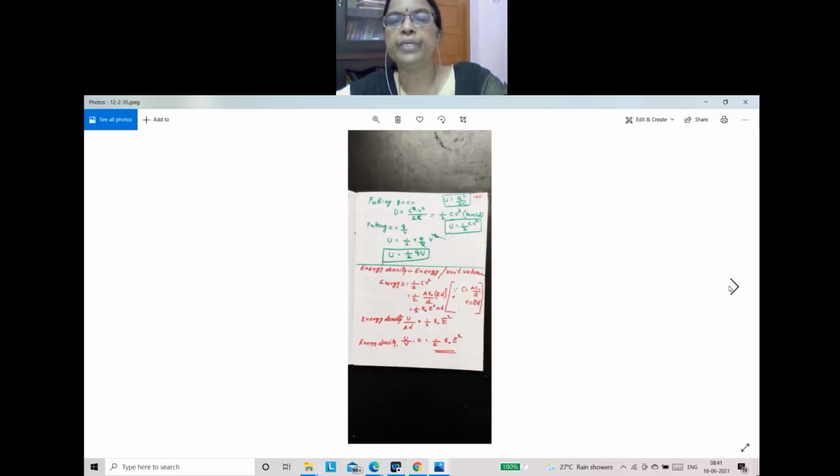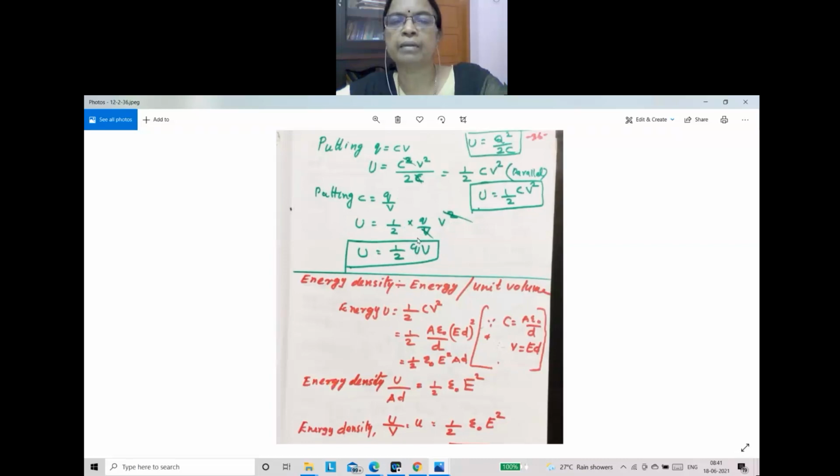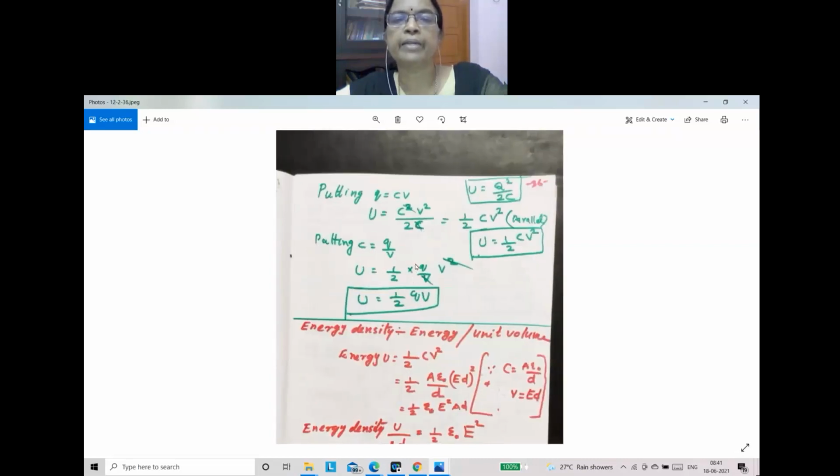To find the energy, you can see another expression. U equal to Q square by 2C, putting Q equal to CV, we get another expression for energy. So C square V square by 2C, one C gets cancelled, and we get half CV square.